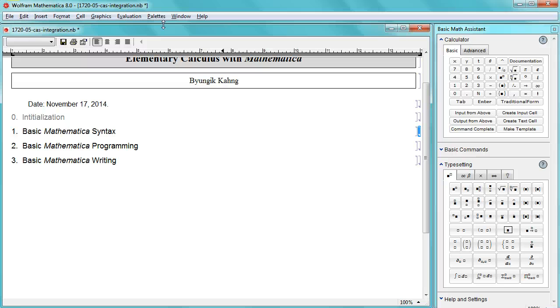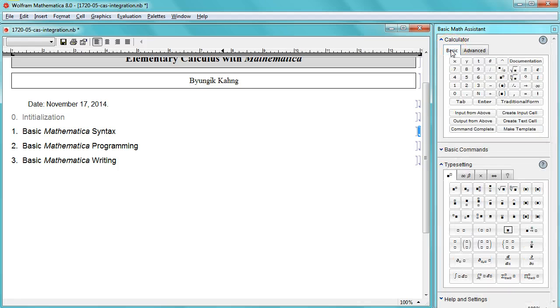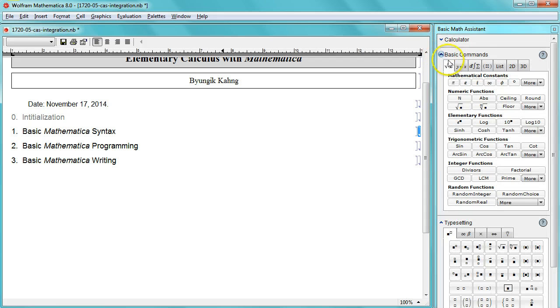It has several sections here: Calculator, Basic, and Advanced. Click Advanced and I have more tools here, like integration symbols and summation symbols and things like those. Basic is a bit simpler.